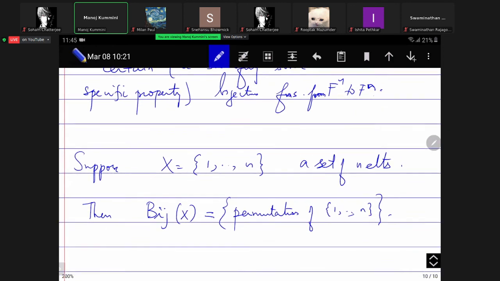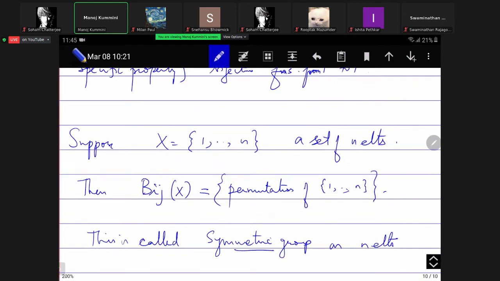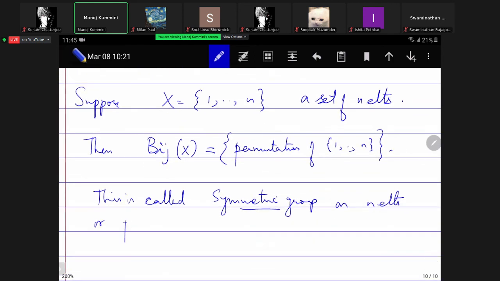This has a special name. This is called the symmetry group on n elements, or permutation group on n elements, and is denoted Sn.